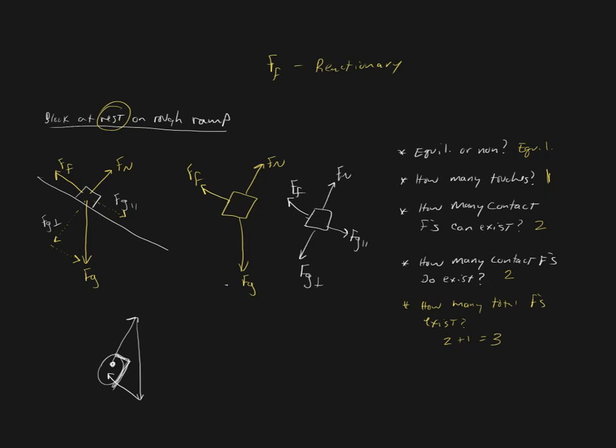Now, if by chance you didn't include friction, that's where this is going to be helpful. If for some reason you didn't include friction, so let's erase friction from our diagram. If you didn't include friction and you drew a head-to-tail diagram for that, then what you would have is the normal force points up and to the right, the force of gravity points straight down, and then you have this big empty space in here.